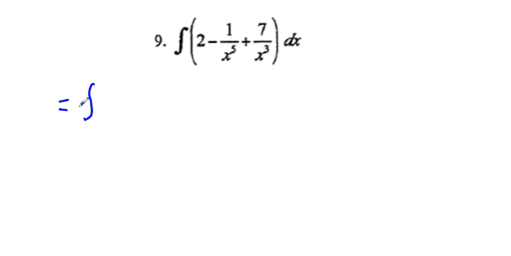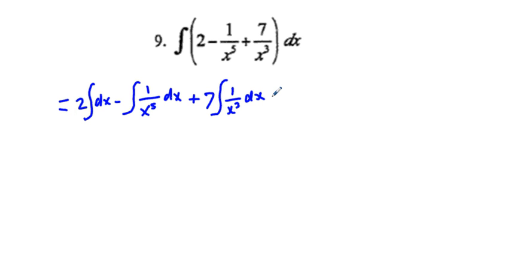So let's say equal to 2 dx minus 1 over x to the 5th dx plus, we have 7 on the outside, so that's 1 over x cubed dx. And I'm going to just continue straight to the right here with this.